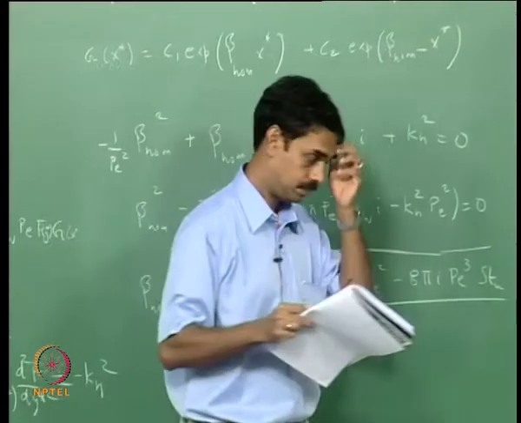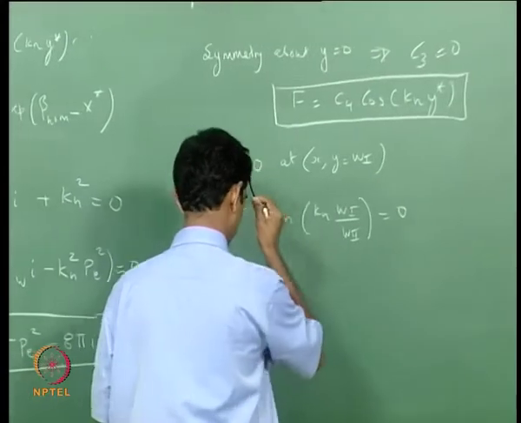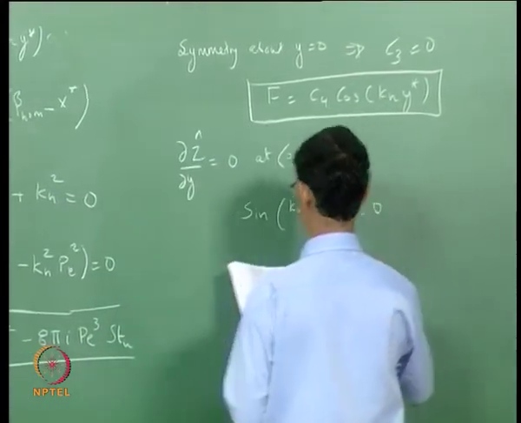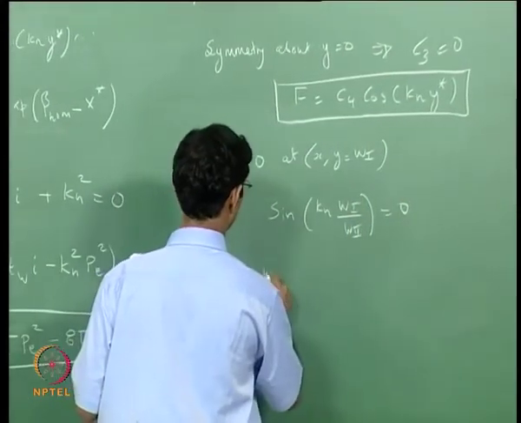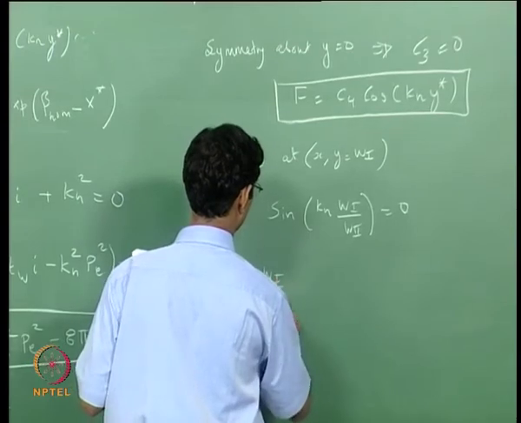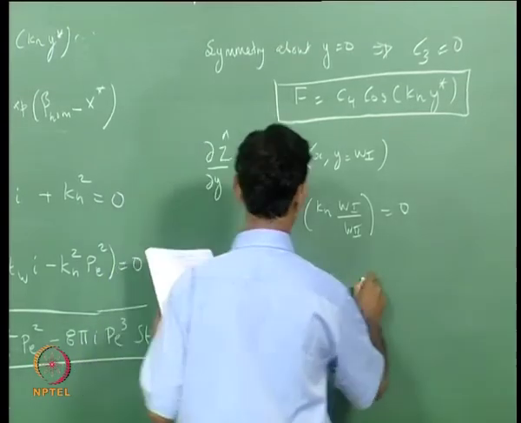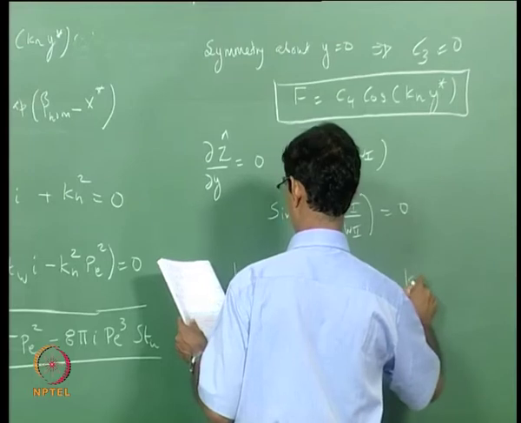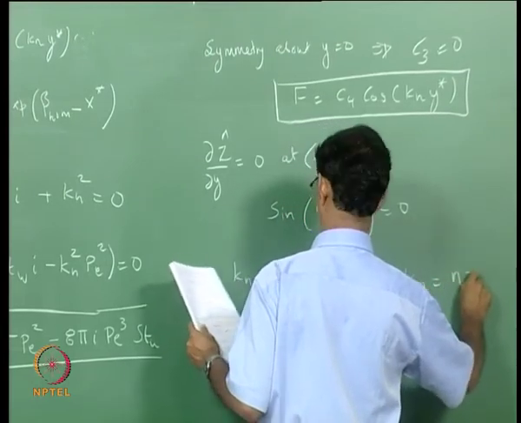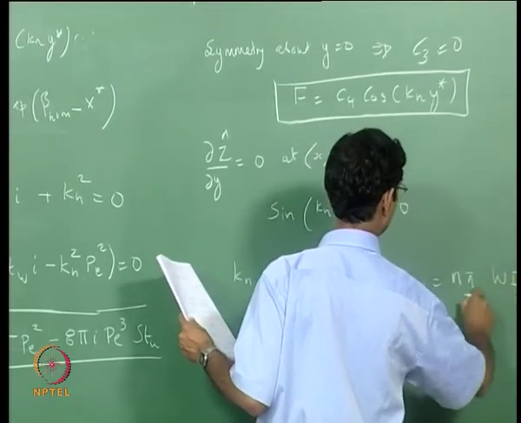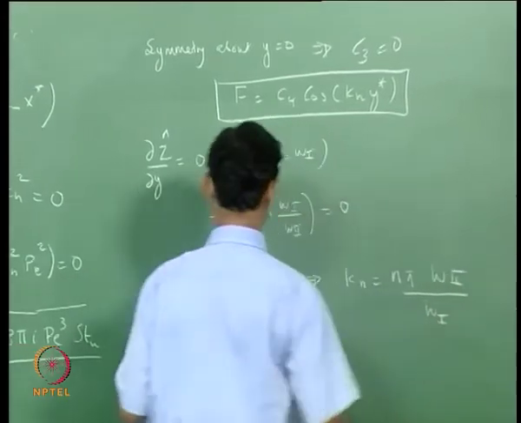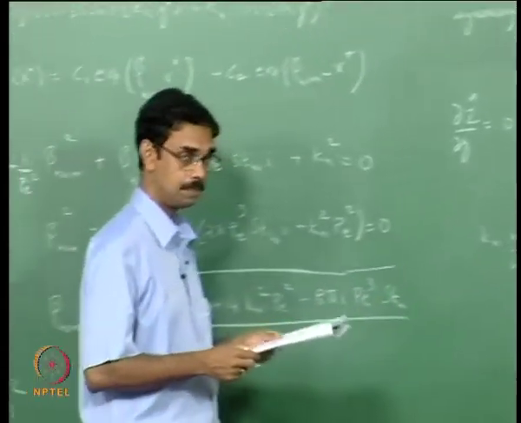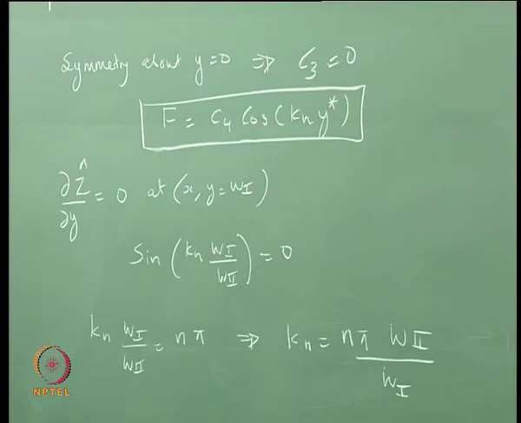For n pi. So kn w1 by w2 equal to n pi, which gives kn equal to n pi w2 by w1. So this is from the wall boundary condition, just right here.